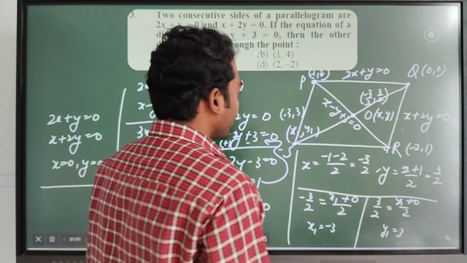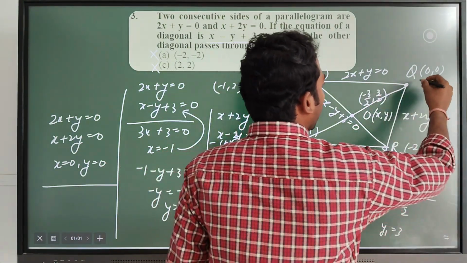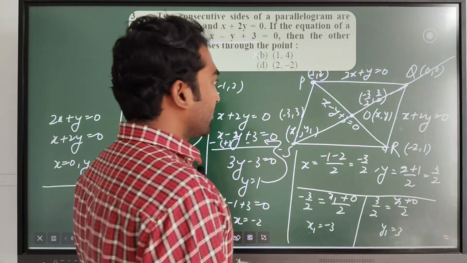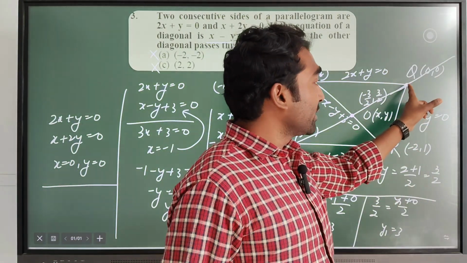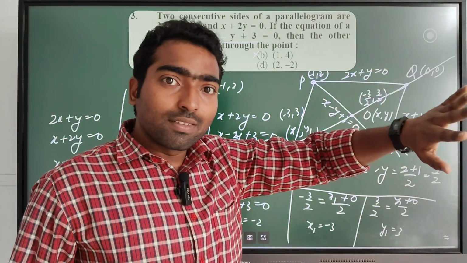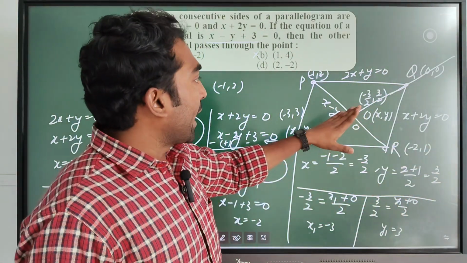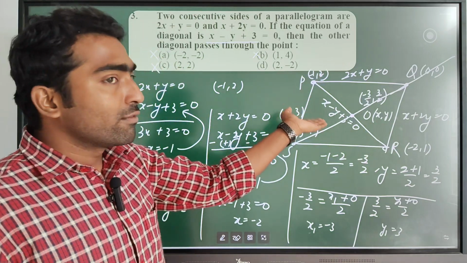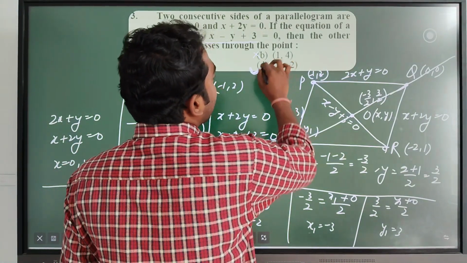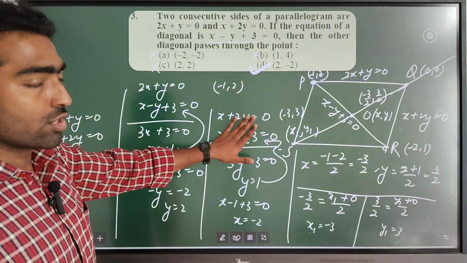Why? Because if we are going through the line, then after passing the origin, the sign of both the axes will change, which means that x coordinate becomes positive and y coordinate becomes negative, which means that your option D is the correct answer for that particular question.